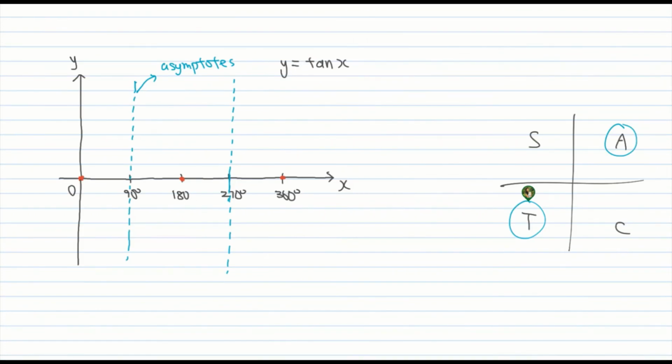Positive in A and T, also known as first quadrant, third quadrant. First quadrant is here, right? Third quadrant is here, right? So I roughly know what is the positive side, what is the negative side. This is how I actually remember. Then the second and fourth will be the negative values. Tangent is negative. So the graph will actually look like this.